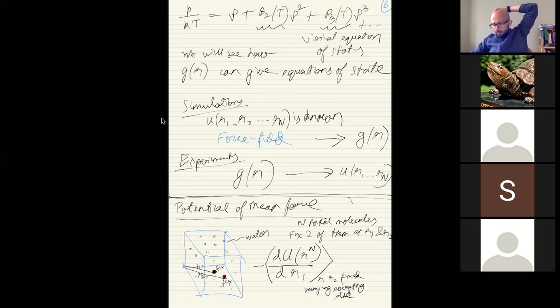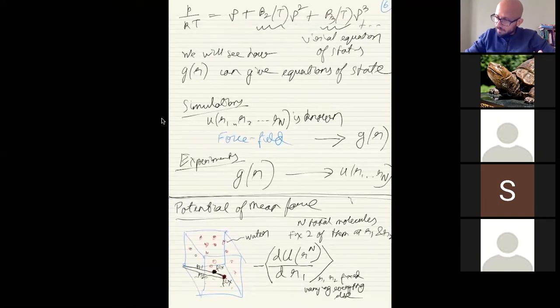So I'm letting all these other molecules that I'm coloring in pink right now move around in all possible ways that they can move around, okay? And once I do that, I calculate the force between these two after averaging over everything else.